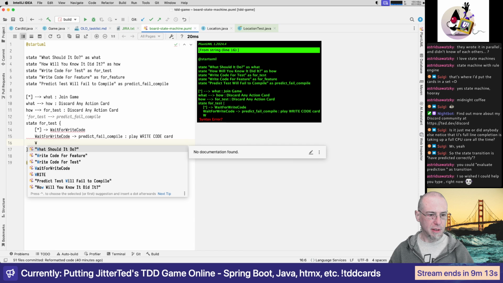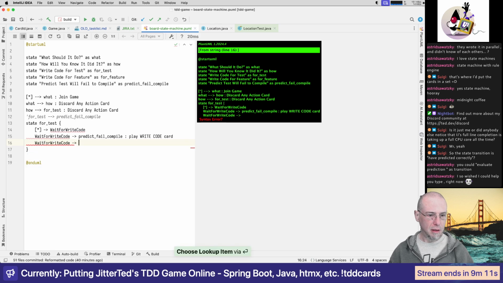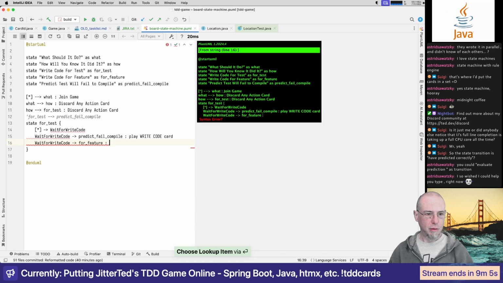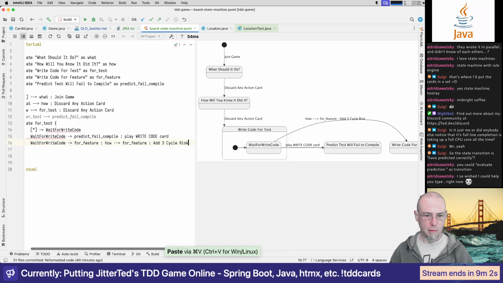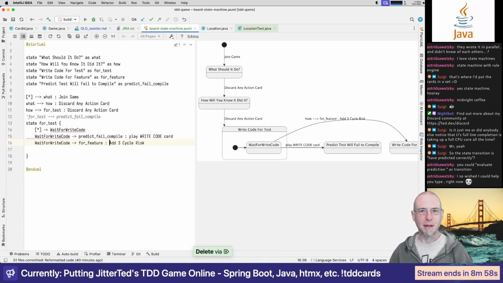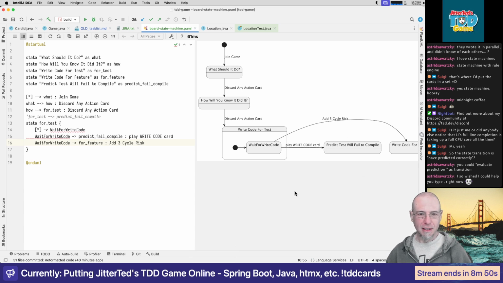The other way to exit is if you add 3 cycle risk. Yeah, I wish you could help me type that. I also wish this would format it differently.